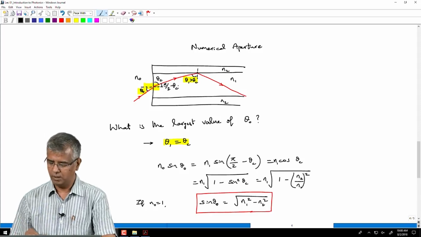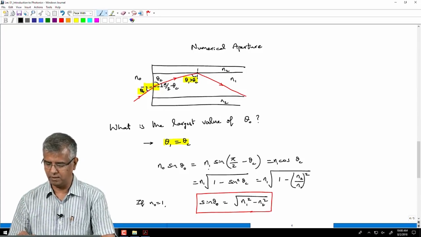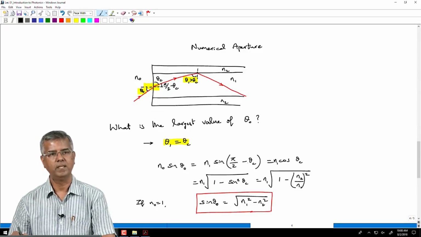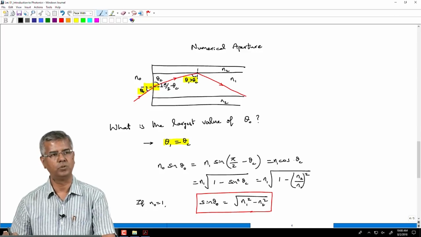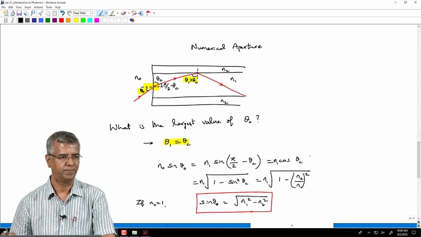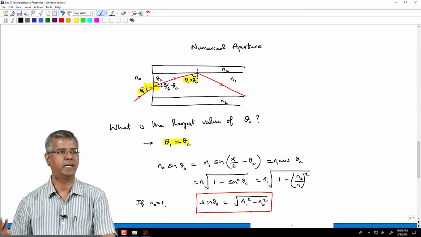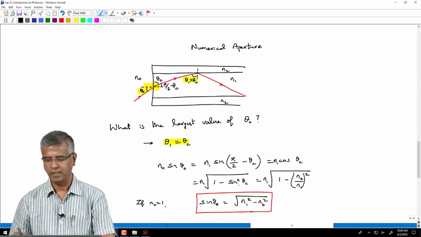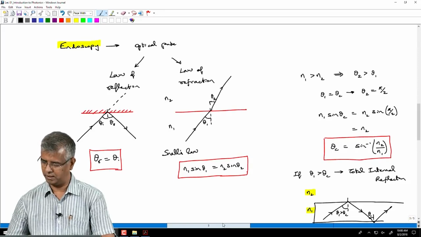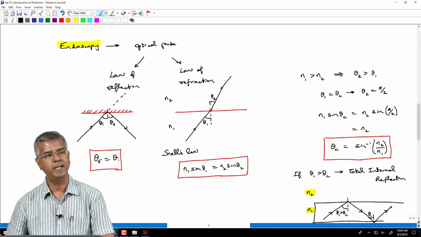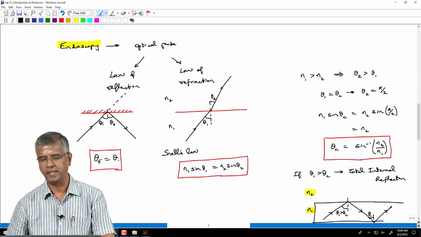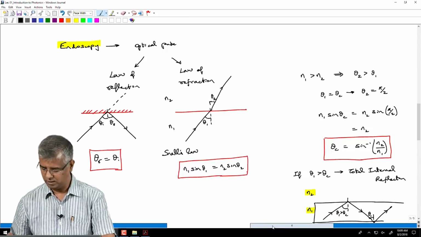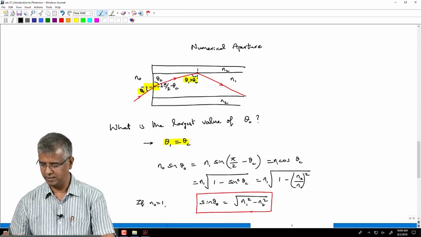So on this side it has to be n1 sine of pi by 2 minus theta c, that we know corresponds to cos theta c, and cos theta c can be written in terms of sin theta c as root of 1 minus sin square theta c. And what we saw in the last lecture is that sin theta c is given by n2 divided by n1. So I substitute that over here.